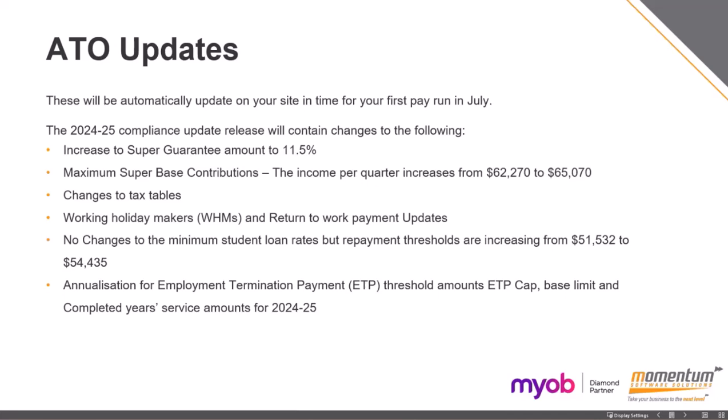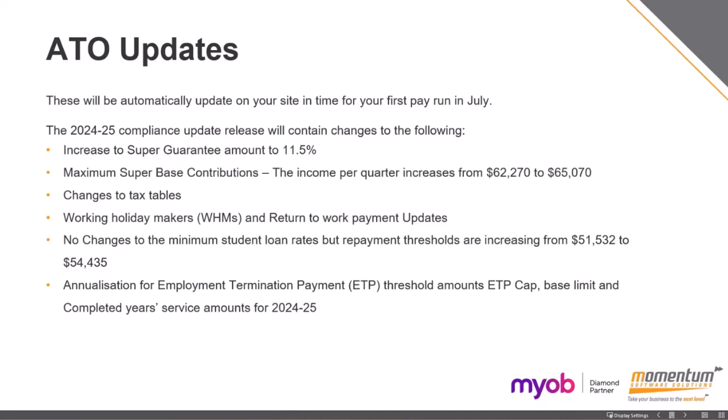There is also a change to return to work payments. So for any employee who receives a payment to resume working or provide services, the withholding rate has reduced from 34.5% to 32%. Although there are no changes to the student loan rates, the repayment thresholds have increased.